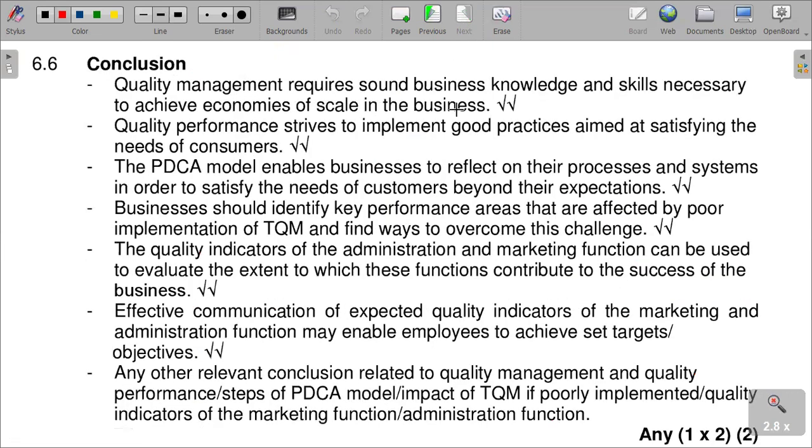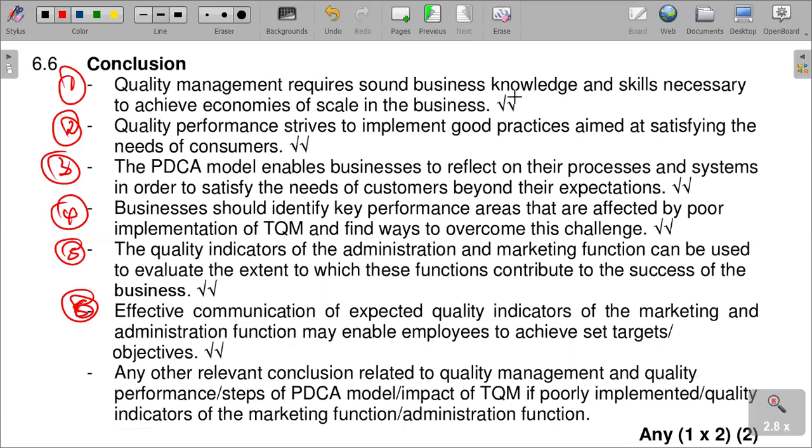Therefore, the conclusion can be any of these ones. In the question paper we are given various options which can be used. In terms of the conclusion, you identify the various areas which have been analyzed in the essay and then you present under it.